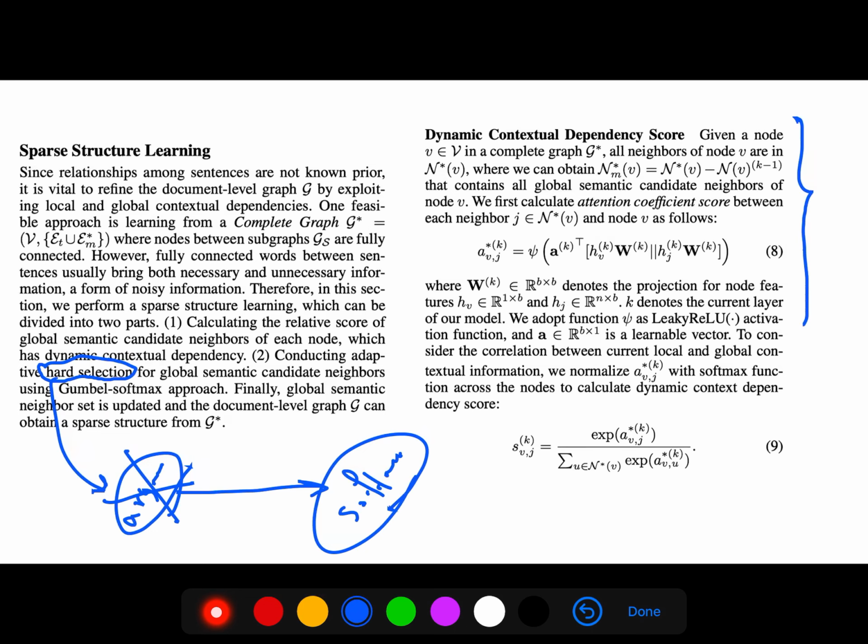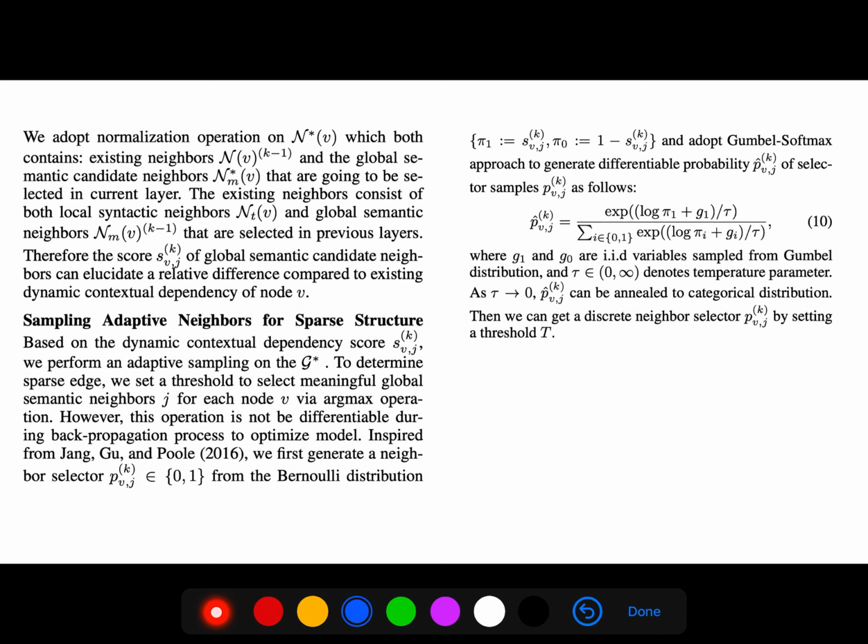So we first calculate the attention coefficient score between each neighbor J and node V. So node V has some neighbors. We get the attention, just like if you remember graph attention network, it's almost a similar formula. And then you give it to this softmax to calculate the dynamic context-dependent score.